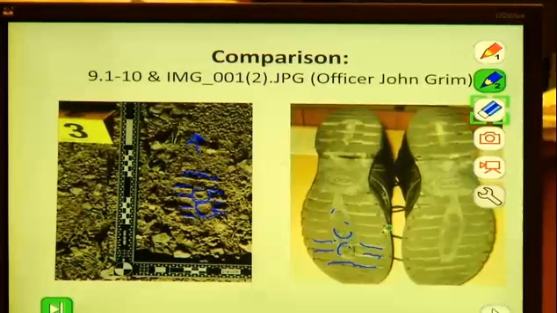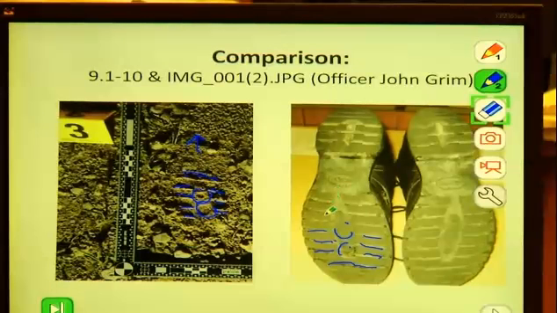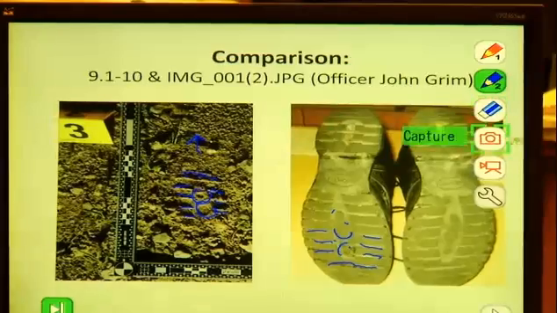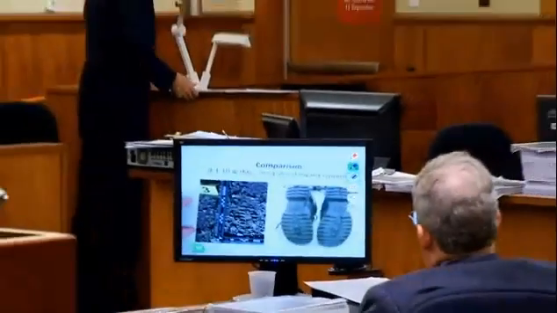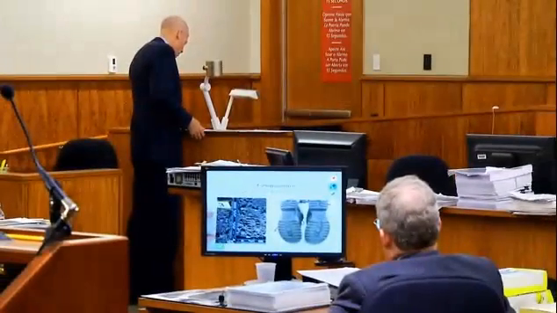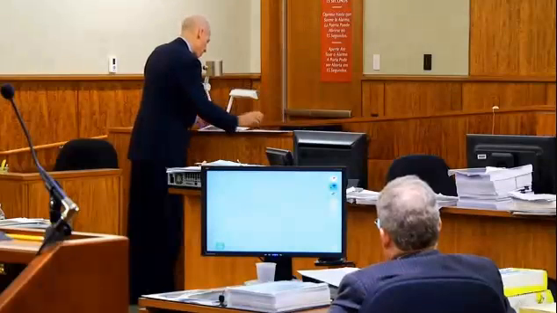There's a void in here. So you have these lateral lines, large circle, small circle. It could be either the right or left shoe of Officer Grimm or Officer Zimmer, similar in manufacturing and design. This line is just in comparison to the officers. Correct.